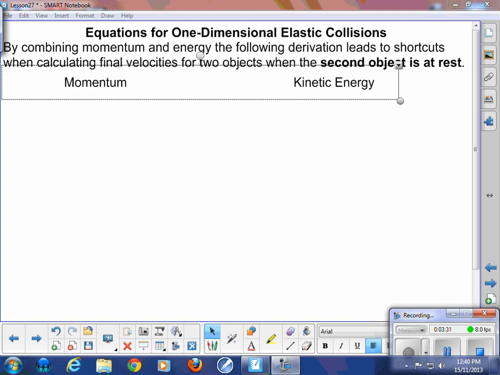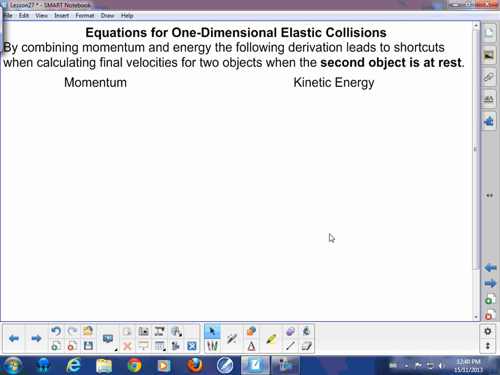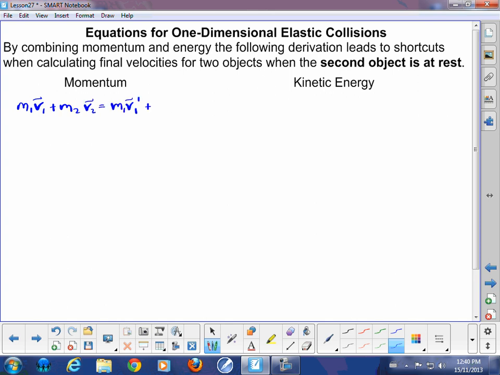So here's one of the proofs, the proof I was referring to, and I'm going to show you how the equations are developed for our elastic collisions. For momentum, we're just going to look at two objects interacting. So we know that we have this particular formula, M1 V1 plus M2 V2 equals M1 V1 prime plus M2 V2 prime.